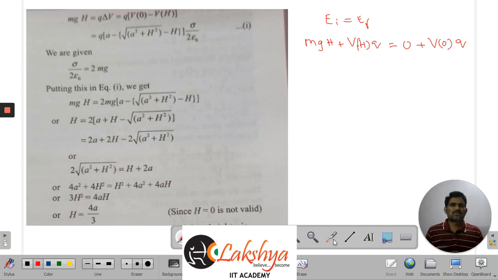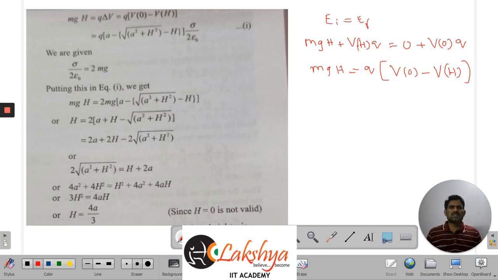Then we can substitute those values, so mgh is equal to q into the potential at the center of the disk minus the potential at a height h from this center.